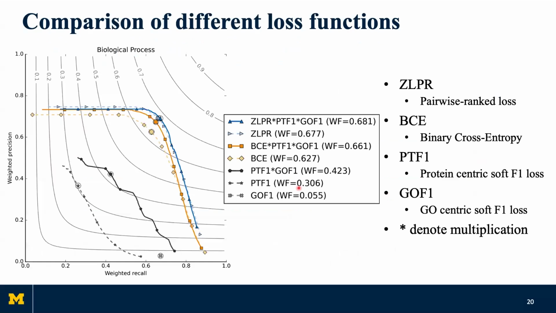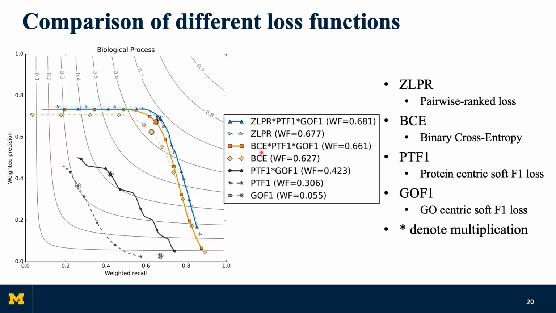Here we also spent some effort to examine whether this performance gain is due to the loss function we designed. So here we have different loss functions: binary cross entropy, protein-centric F1 score, GO-centric F1 score, and also the GLPR.